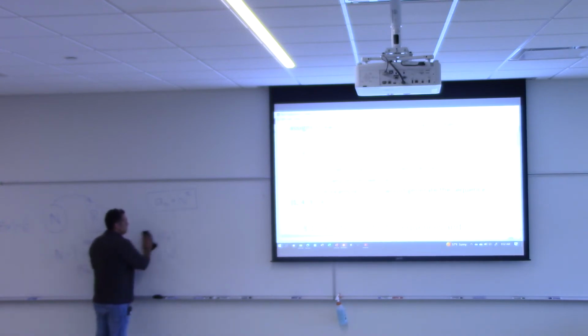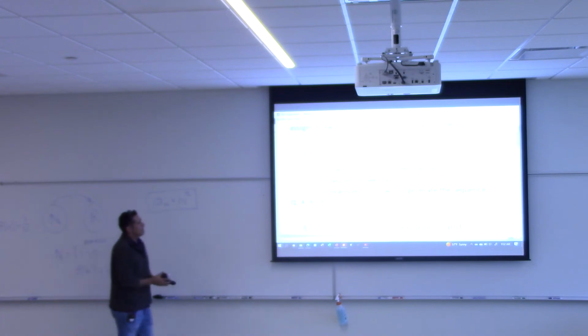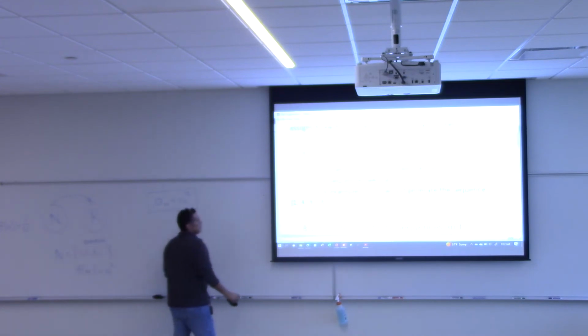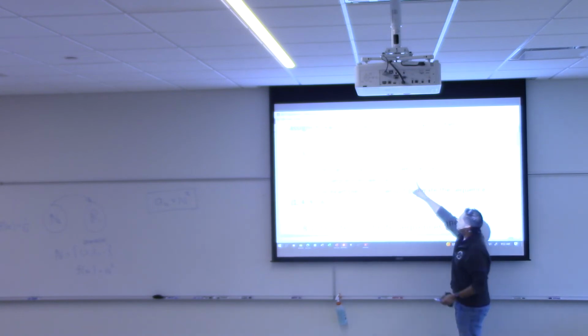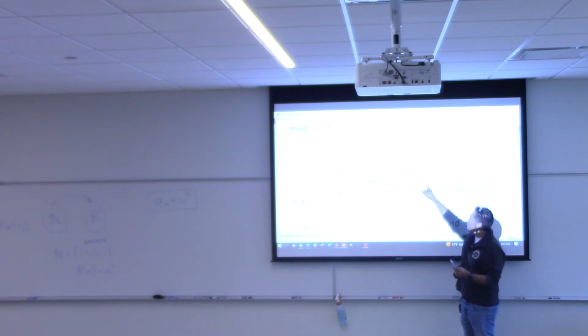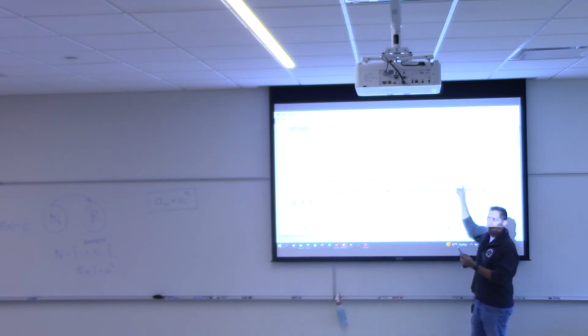The nice thing about this notation is that we can write out a list of just the outputs. Your first number in this list is what you get when you plug 1 into the sequence. The second number is what you get when you plug in 2, 3, 4, and so on and so forth.